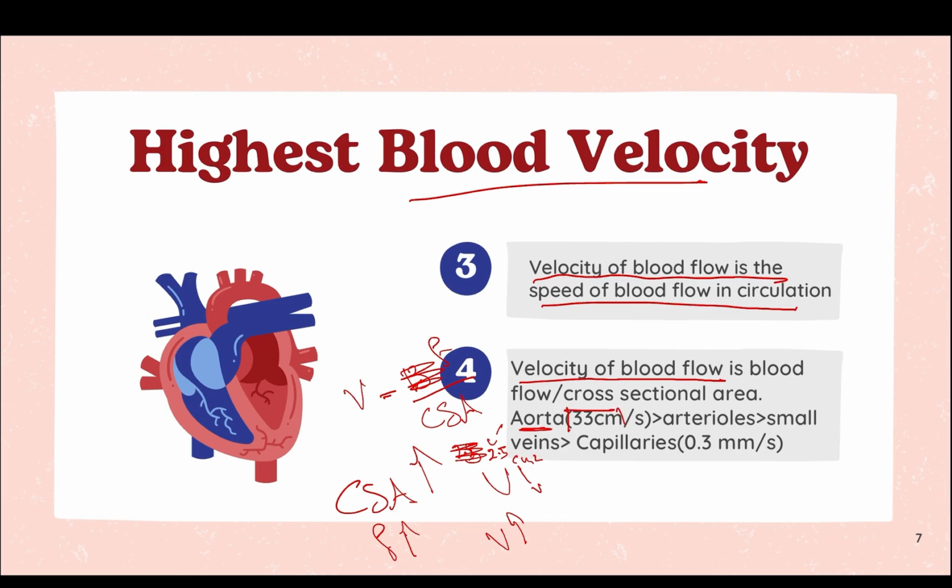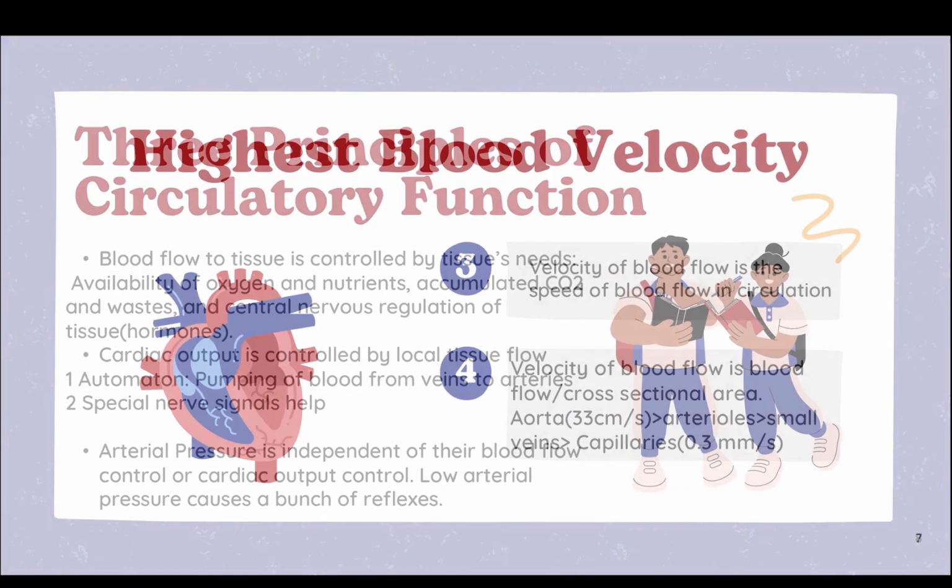It would have the exact number of 33 centimeters per second. Arterioles, they're a bit slower, but they're faster than the small veins, and the capillaries are even slower because they have the highest cross-sectional area, which is 2500 centimeters squared. So it would be in the speed of 0.3 millimeters squared. Focus on the units, they might check you with that in the TBL or in the final exam.